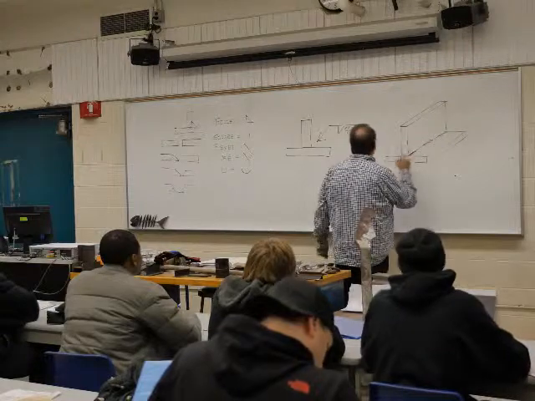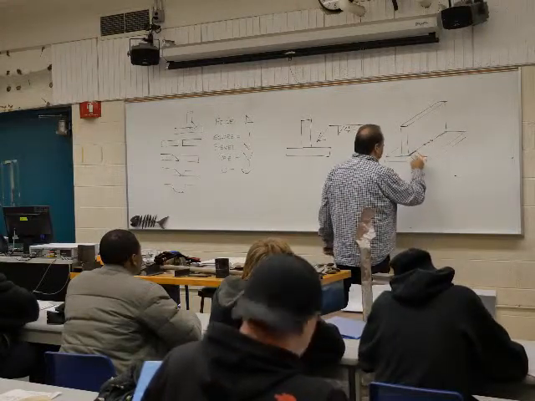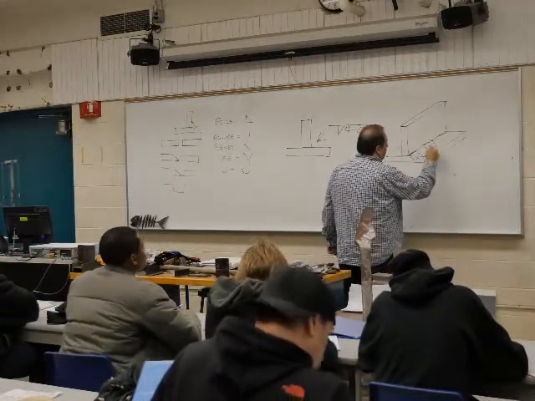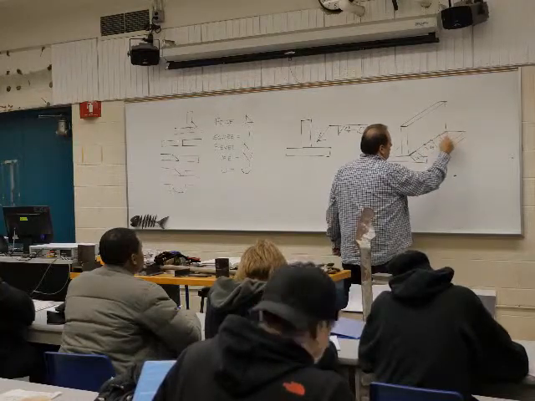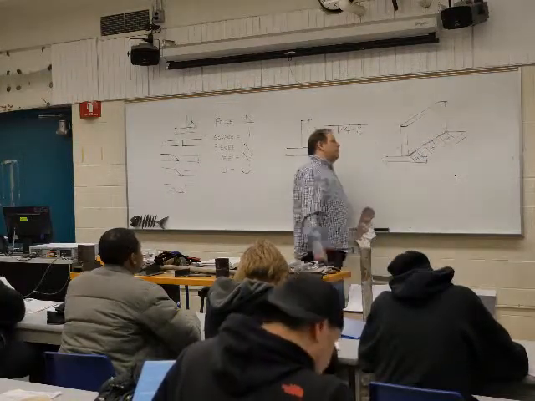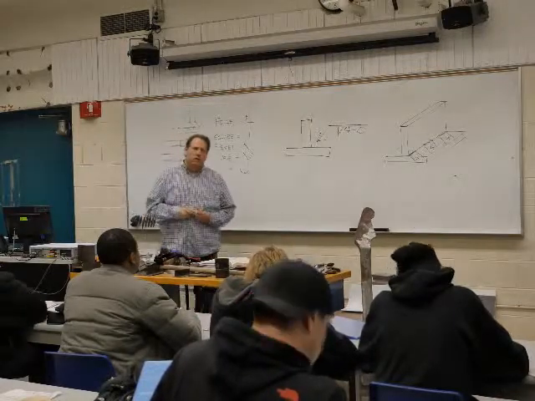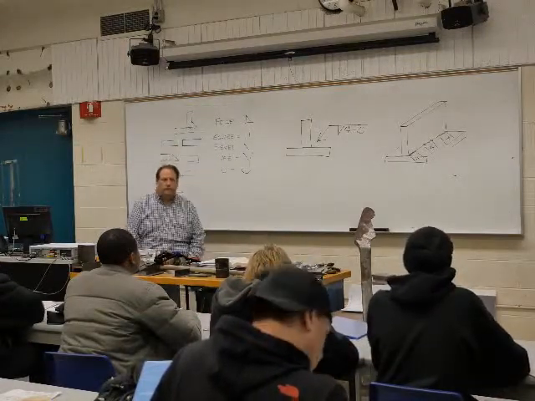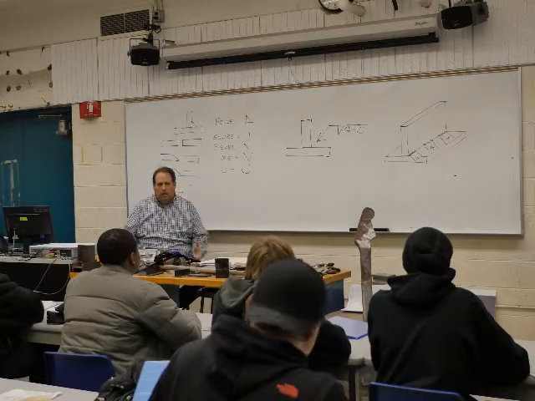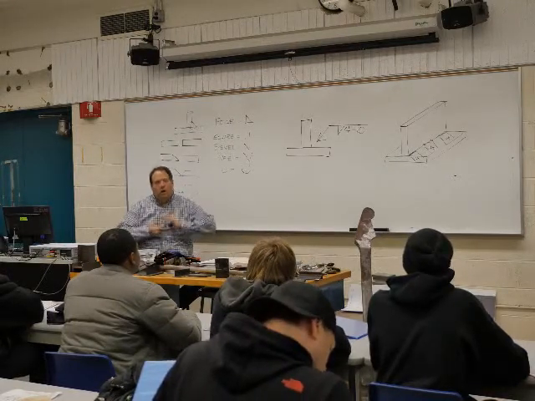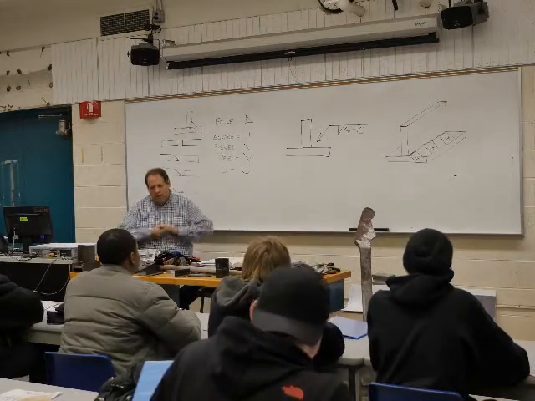So this dimension of 4 inches for the length is right here. Now, where does the 10 come in? 10 is the overall length. Okay, it is the pitch. 10 is the pitch.